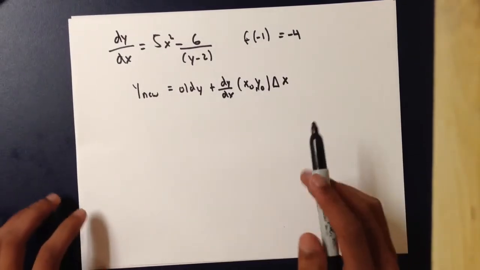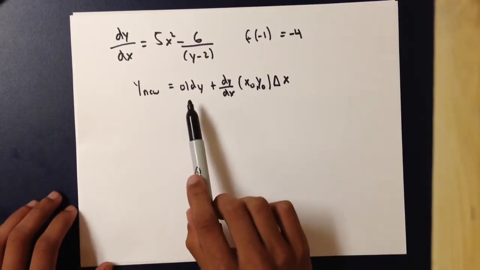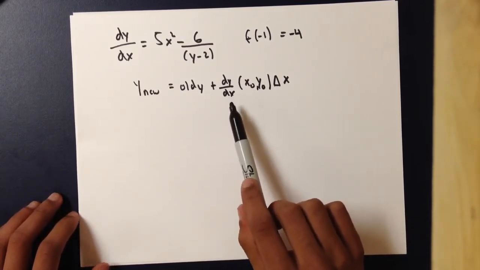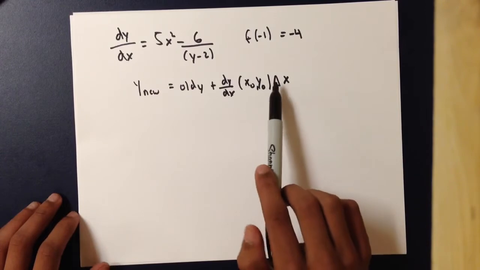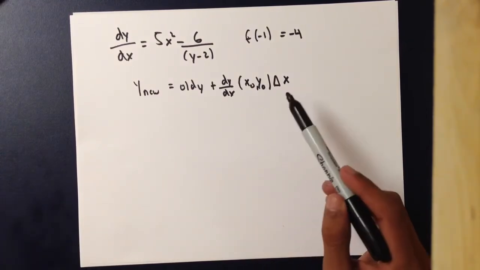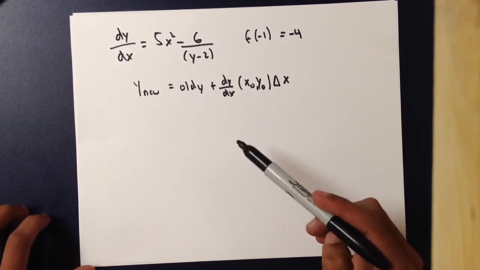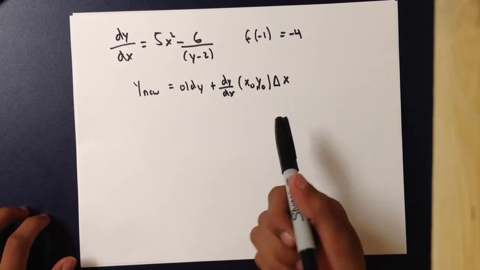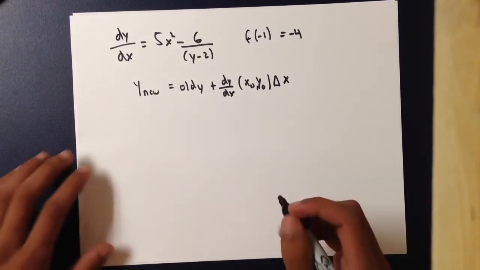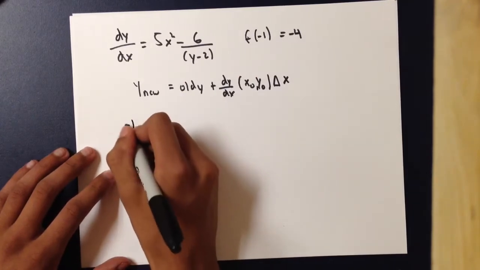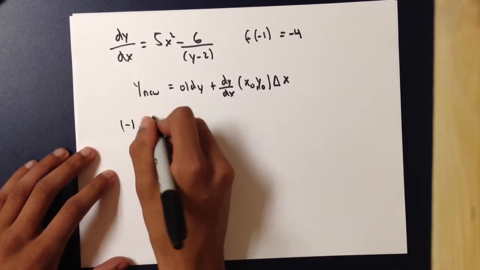What this means is that you have an old function value, and you're multiplying the slope by the step and adding it to the old y, which gives you the new y of the actual function. It's always going to be an approximation. For Euler's, the answer is never actually going to be the true value of the function, except for the initial value. So with this, we would start off by using (-1, -4).